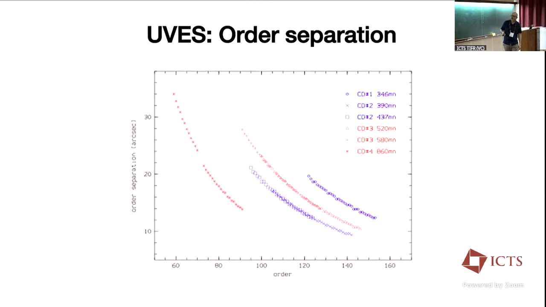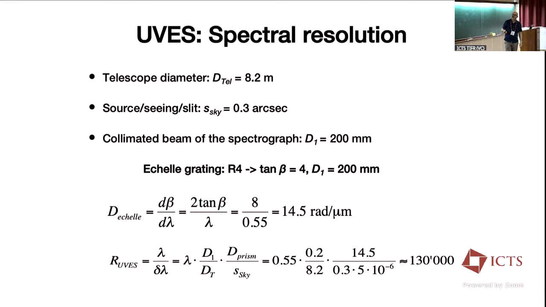The separation between the orders, because the cross dispersion is producing a separation that increases with wavelength if you go with a grating. The prism will do exactly the inverse. And that's the resolution you get if you go for a small slit.